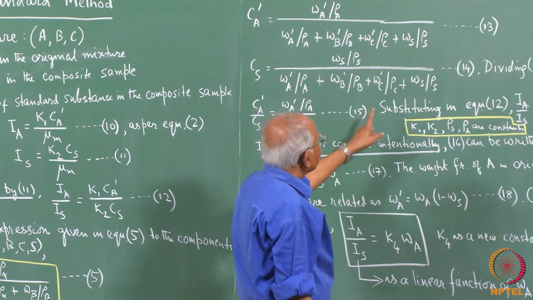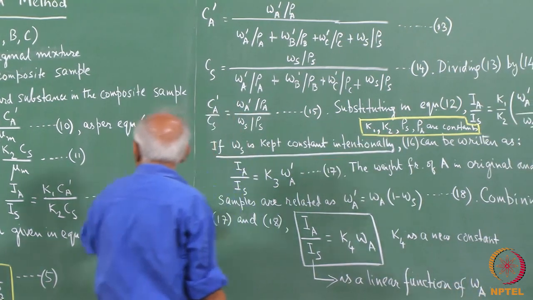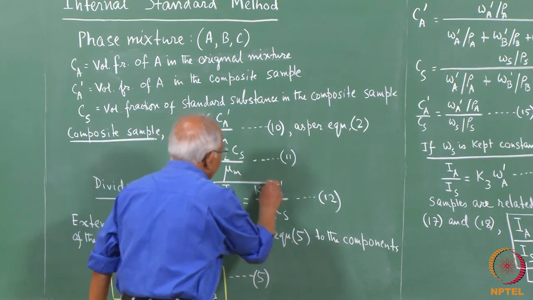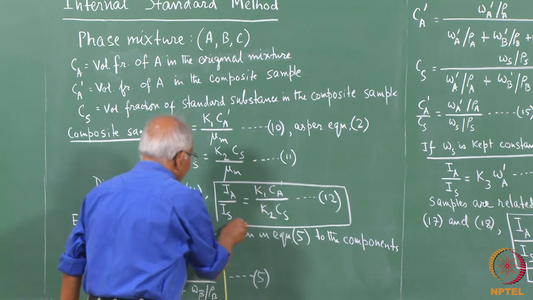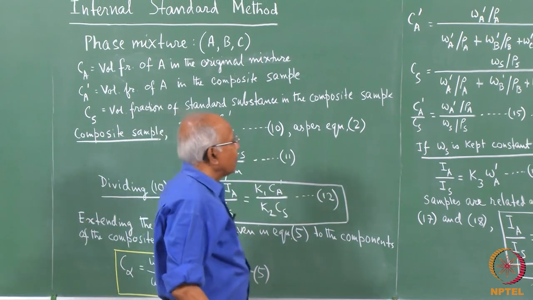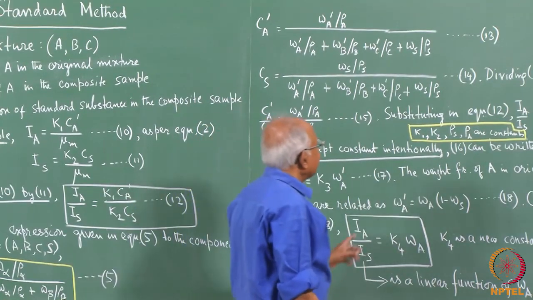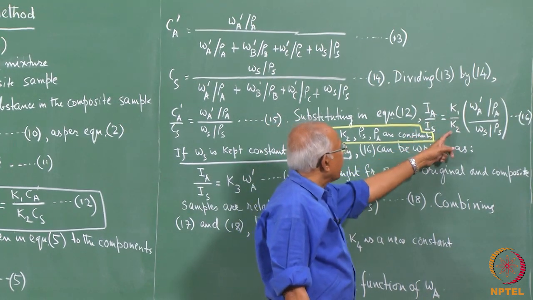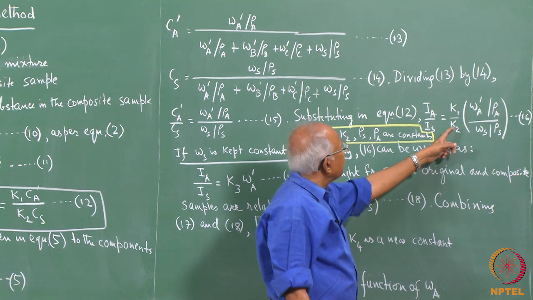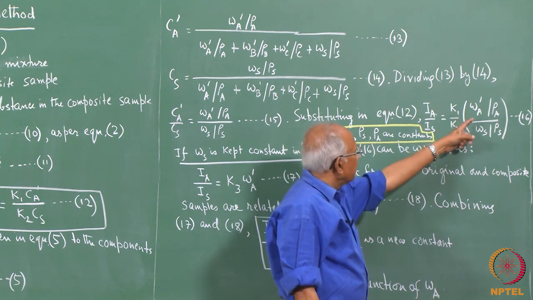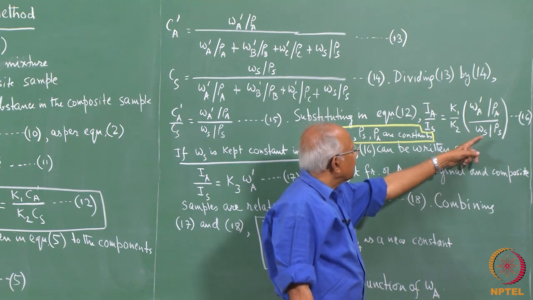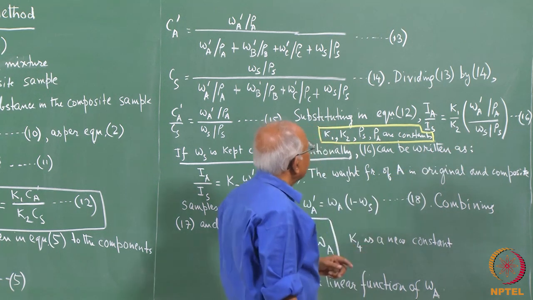Now, if we substitute in equation 12, this is our equation 12, we can write down I_A/I_S is equal to K1/K2 multiplied by (W_A'/rho_A) divided by (W_S/rho_S). This is our equation 16.